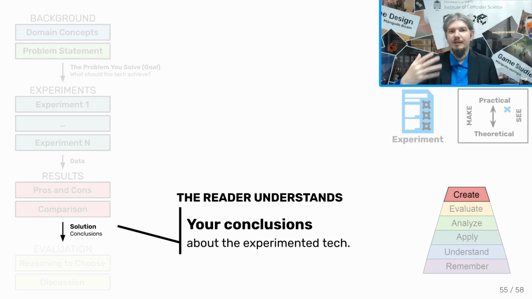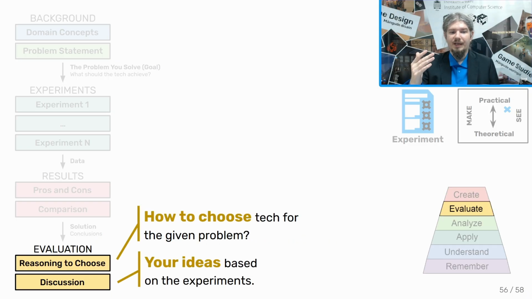After that section, the reader understands the conclusions, the new information you found from the gathered data and of course from the analysis. The last section of this type would be the evaluation. So how would one now choose some technology for a given situation?